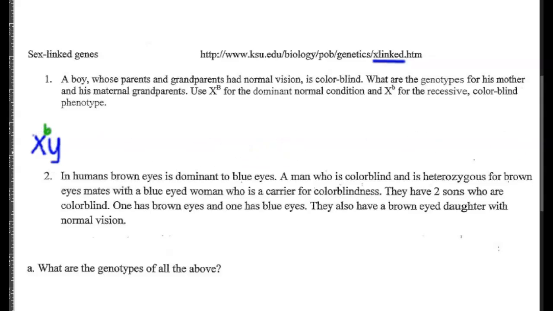His parents and grandparents had normal vision. We know he got the Y from the dad, so we know we had to get this one from the mom.